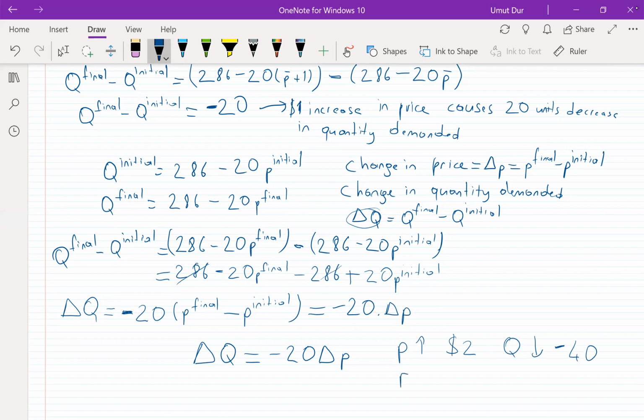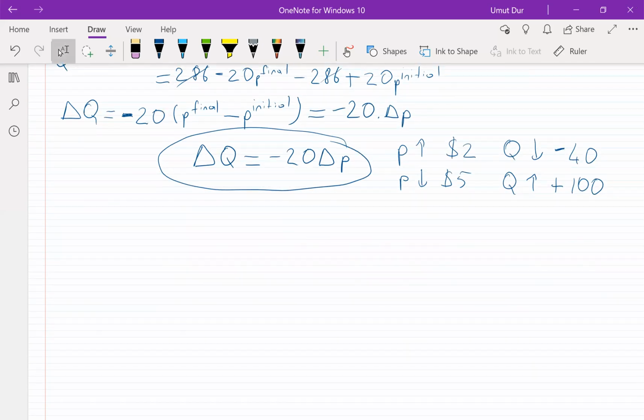If the price decreases by $5, then the quantity demanded will increase by 100 units. So this is basically the relation between the change in the price and the change in the quantity.